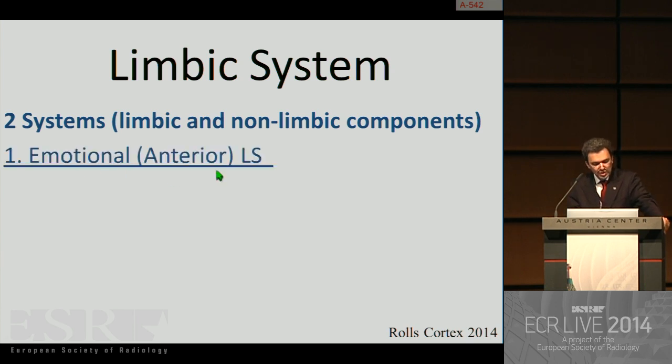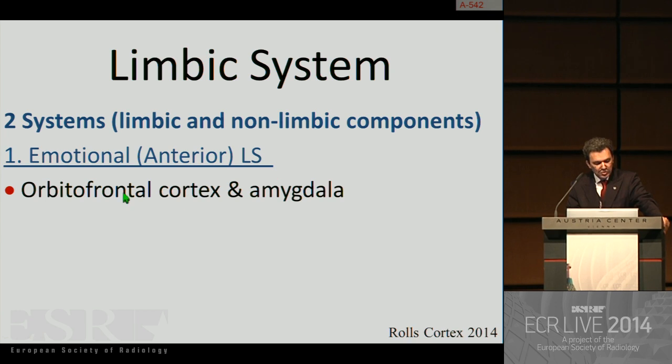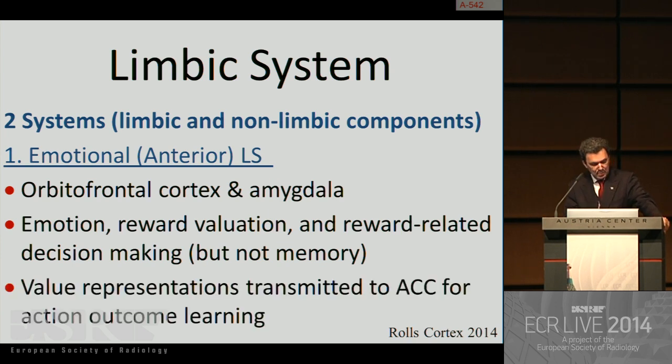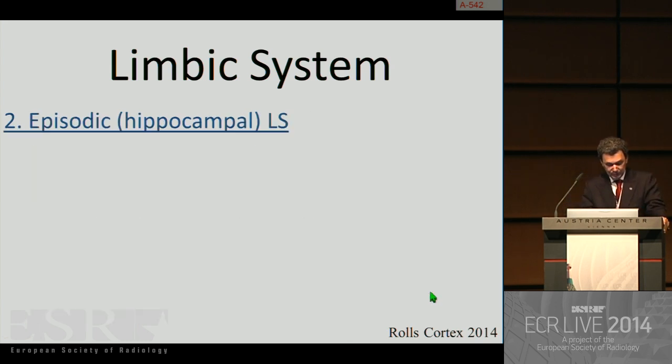One more emotional, anterior limbic system, consisting of the orbitofrontal cortex, the amygdala, dealing with emotion, reward valuation, reward-related decision-making, and value representations, which is then transmitted to the anterior cingulate cortex.